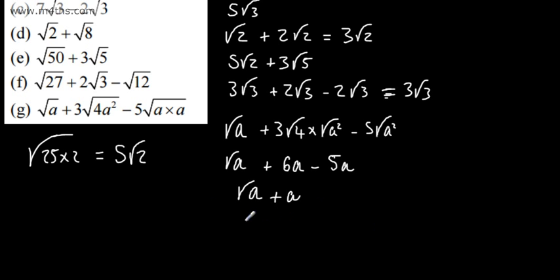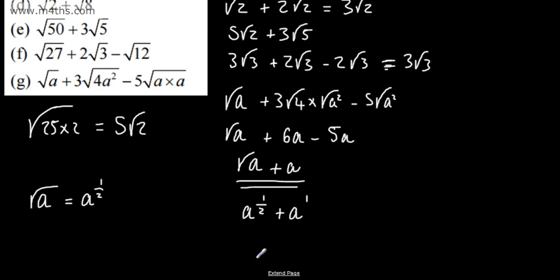You could argue, if you wanted, that you could factor this, and if you know the rules of indices, you might want to go ahead and factor it. I'm going to factor it, but see this as a bit of an extension. So using powers, we saw that the root of a was a to the 1/2 power. So I could write this now as a to the 1/2 plus a to the first.